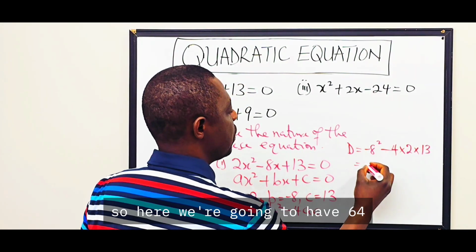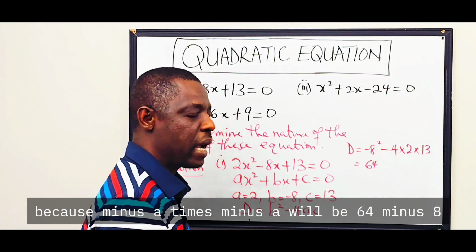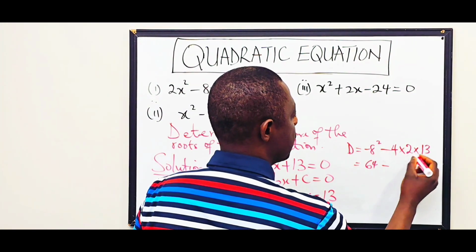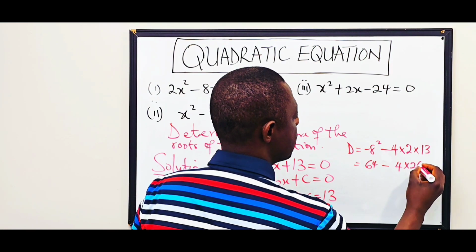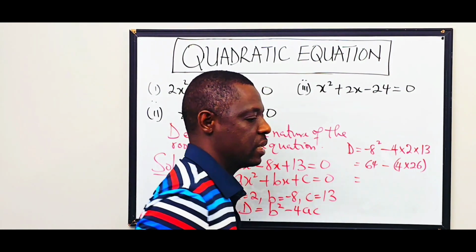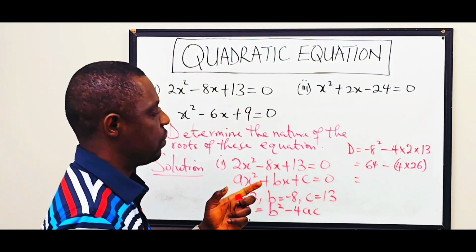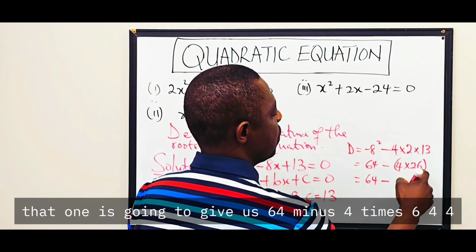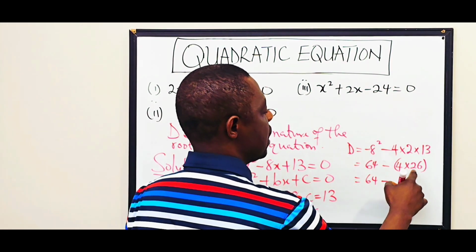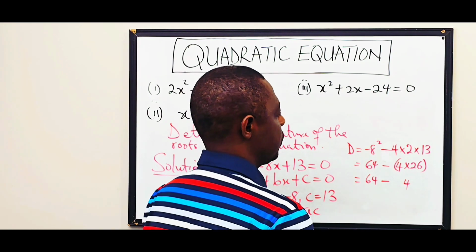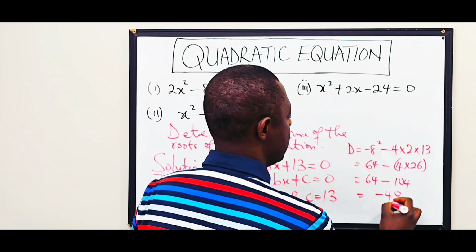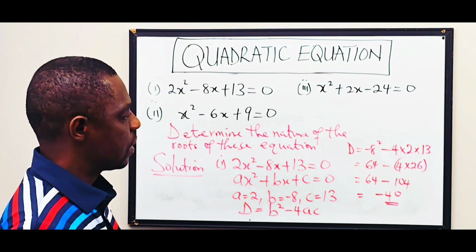So here we have 64, because minus 8 times minus 8 gives 64, minus 4 times 26, which is 104. So this is going to give us minus 40.